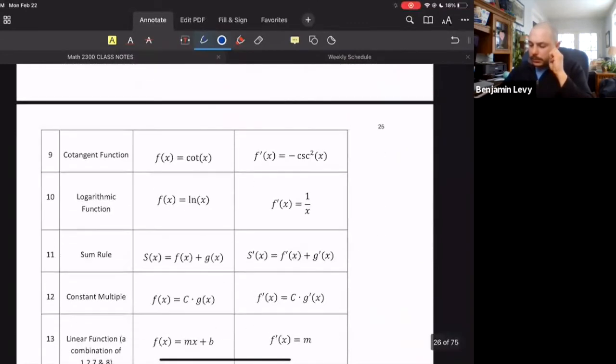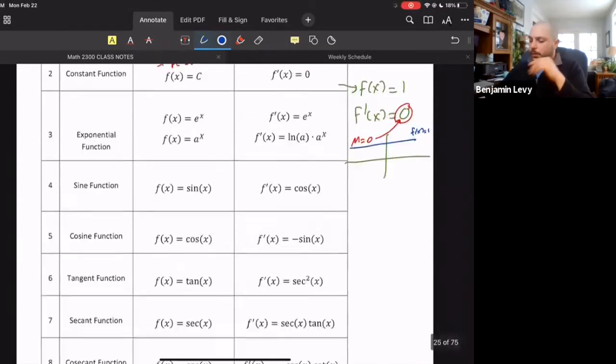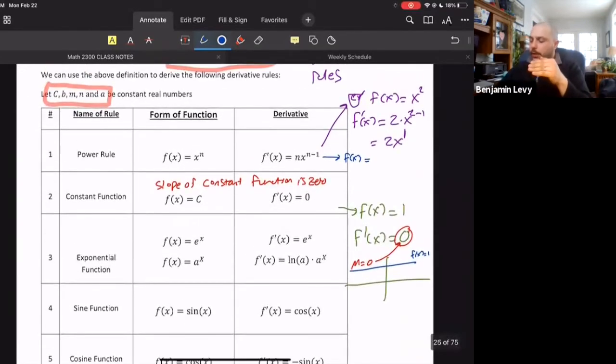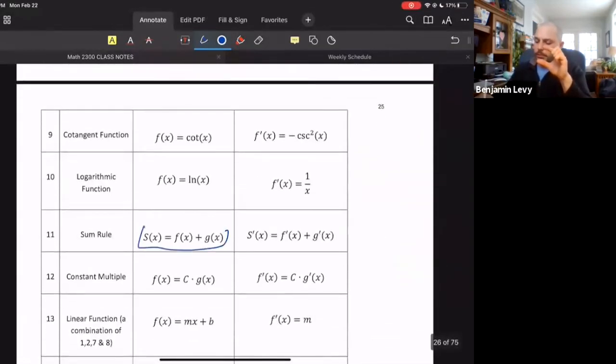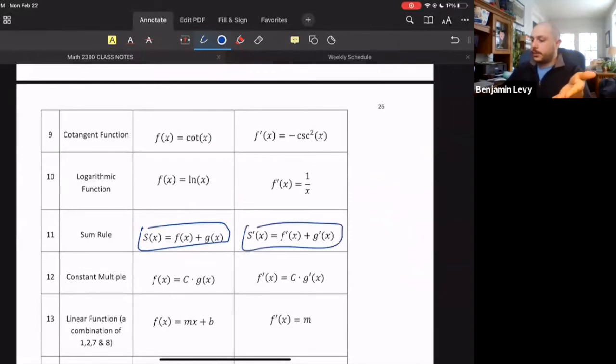Where's the sum rule? Yeah, the sum rule. Real quick, one of the questions Josh had asked was, what happened with the x squared and the plus 1? Those are two separate things, and that was the sum rule. This says when you have two separate things being added and you want to do the derivative, you just look at their individual derivatives.